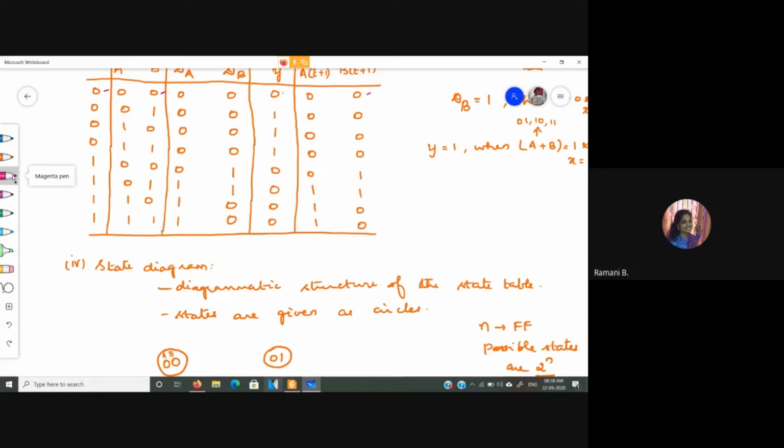As the present state value and the next state value are same, you give a self loop. Input is 0 and output is also 0 here. This value corresponds to input x and this value corresponds to output y. Do you understand this?